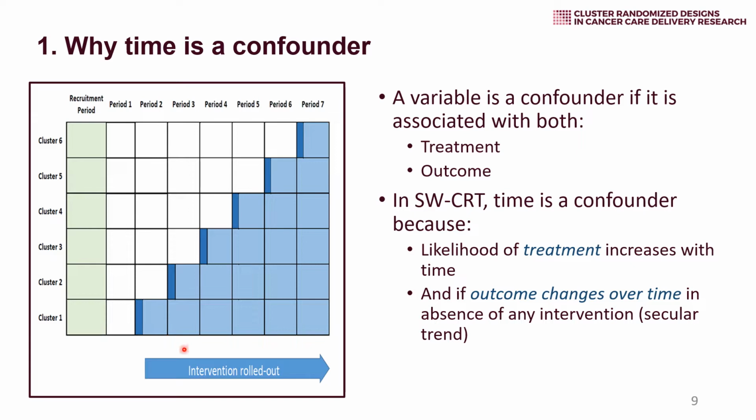So as calendar time increases, the likelihood that an observation is treated is greater than in earlier calendar time. Now, if the outcome changes over time too, in the absence of any intervention effect, so this might represent a regular secular trend, then because time is associated with both the treatment and the outcome, time will be a confounder.